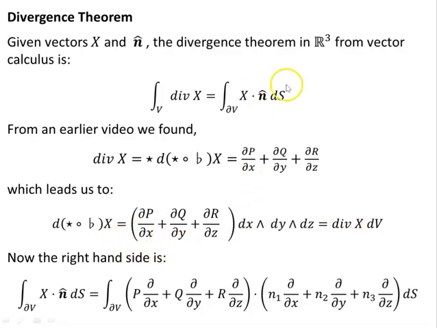Now, on the right-hand side, the integral over the boundary, partial V, of x dot n hat, surface element ds, is the integral of the vector x dotted with the unit normal vector and the surface element ds.